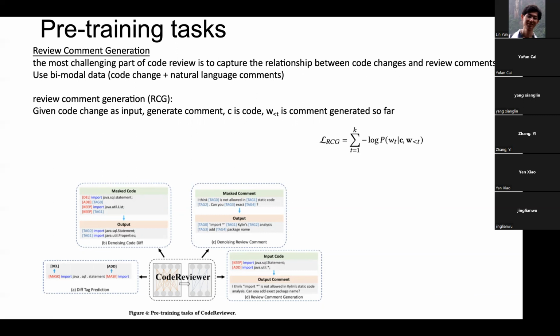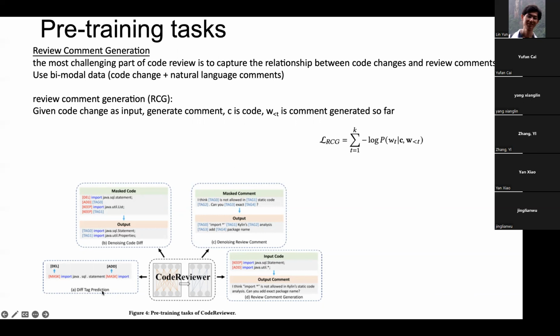Yes, that's another source of comments, but it's more abstract. Pull requests are more detailed. I think they didn't consider the commit message. I got it, so just the pull request.